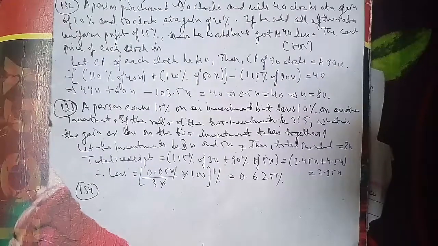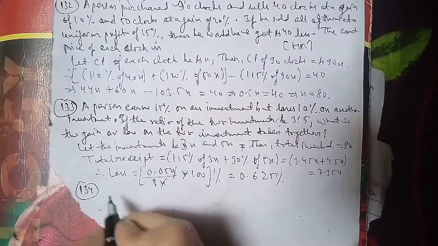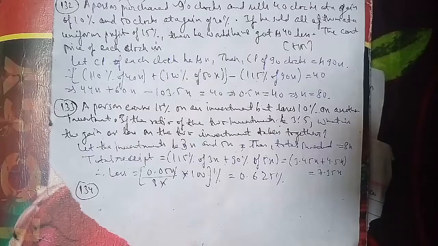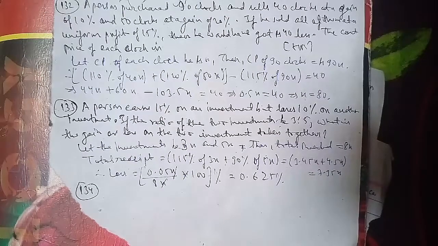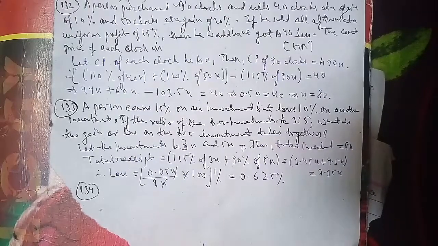A man bought goods worth rupees 6,000 and sold half of them at a gain of 10%. At what gain percent must he sell the remainder so as to get a gain of 25% on the whole? That we have to discuss here.